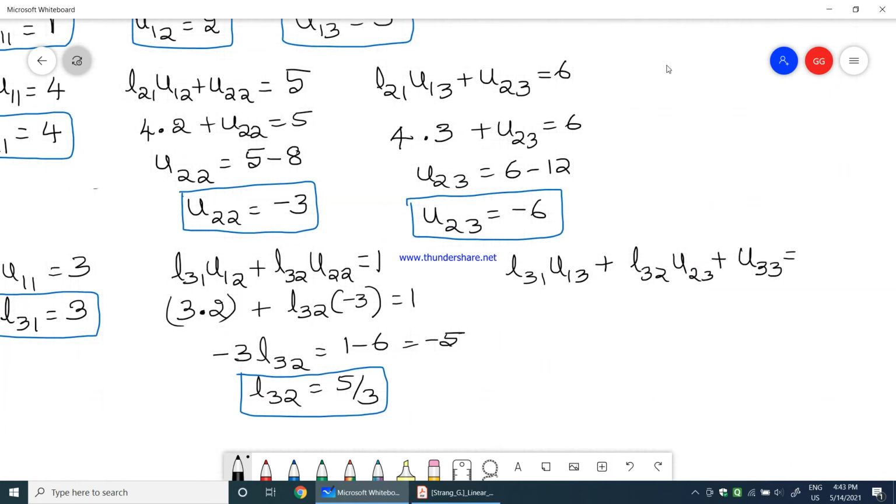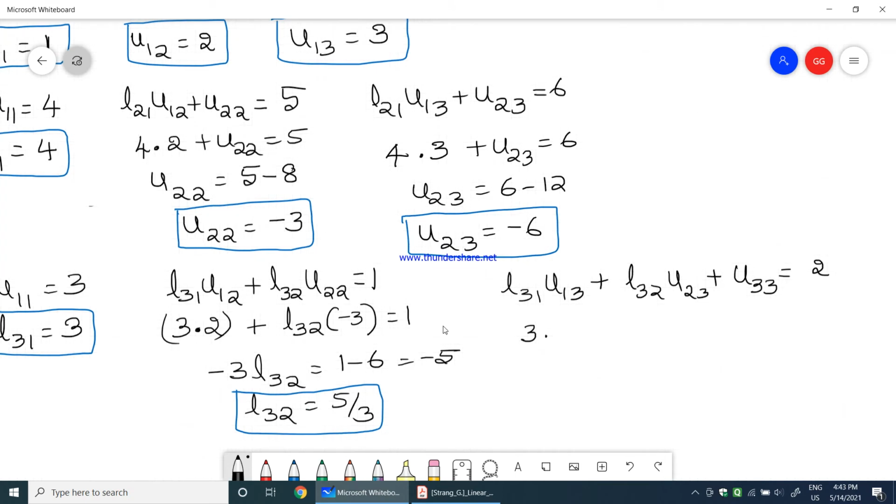Now L31 is 3 multiplied by U13, which is again 3, plus L32 is 5 by 3 multiplied by U23, which is minus 6, plus U33 equals 2.